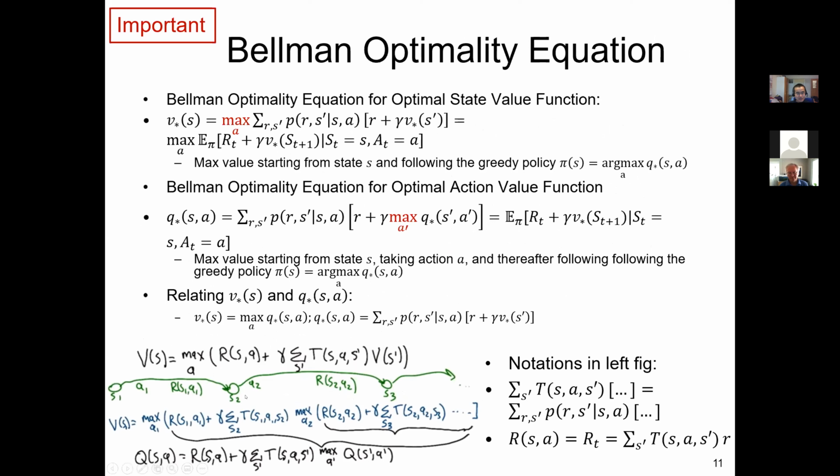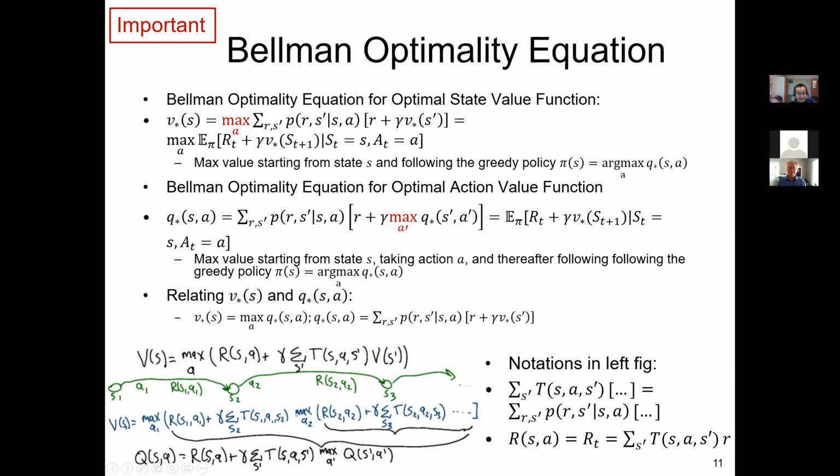So if you write out this recursion, the notation here is slightly different, but you get the idea. The value function from S1 is the max over A1 of: from S1, you take action A1, plus gamma times the subsequent next state S2, and you have a transition probability. This transition corresponds to the notation above as P(r, s prime given s, a).